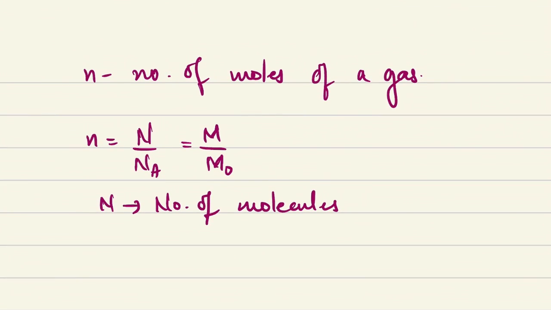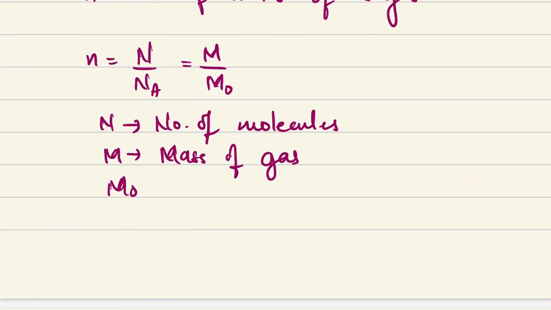And m is called the mass of the gas, and this is generally written in grams. And M0 is the molar mass of the gas.